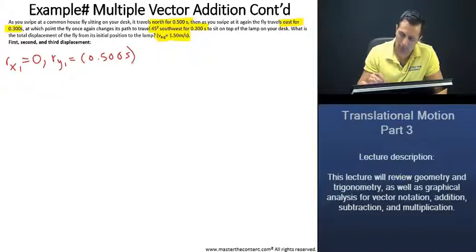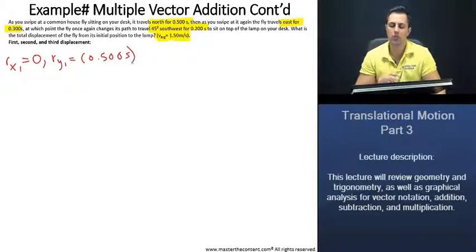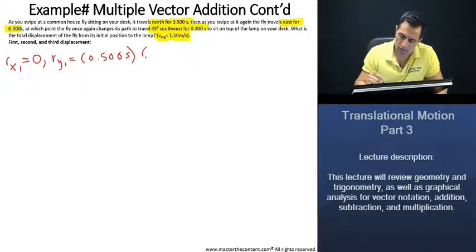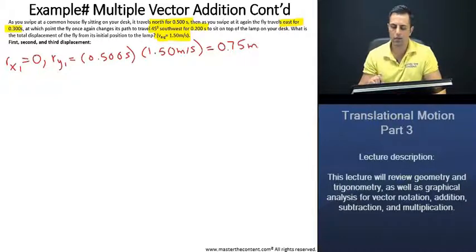Now, to find the actual displacement for the y component, we have to multiply that by the average velocity, which is 1.5 meters per second. And once we equate that, we get a value of 0.5 meters in the y direction.